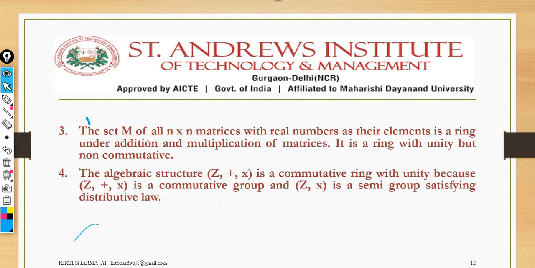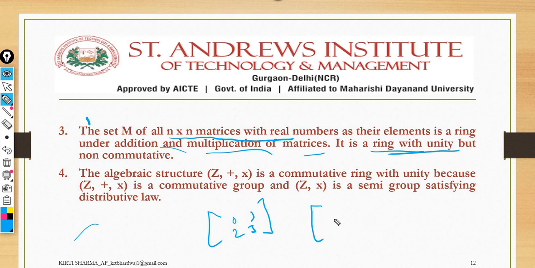There are further examples to cover here. The set of n by n matrices, for example 2 by 2 matrices such as 0, 1, 2, 3, under the addition and multiplication operations, is a ring with unity, because there is the possibility of a unity element in this kind of matrices.